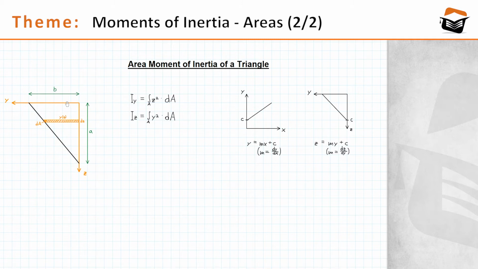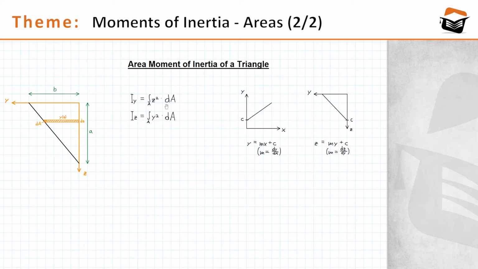The width of the base is b, and the height of the triangle is a. And similar to what you did with the rectangle in the previous part, to compute the area moment of inertia with respect to the y-axis, you need to integrate this function over the entire area of the triangle.